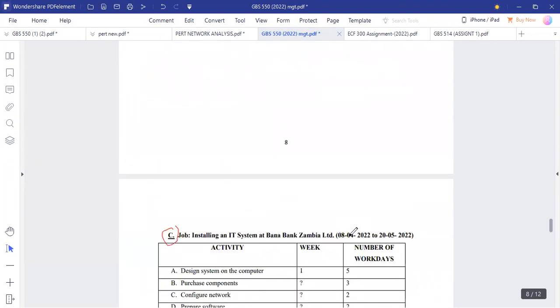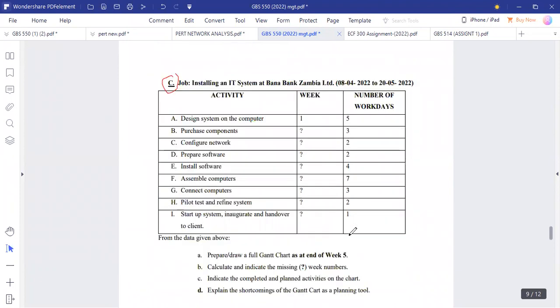Now this one, the second part, is about preparing the job installation of an IT system at Banner Bank Zambia Limited. They have given us a duration from 8th April 2022 to 20th May 2022.